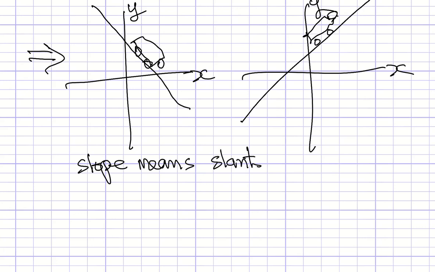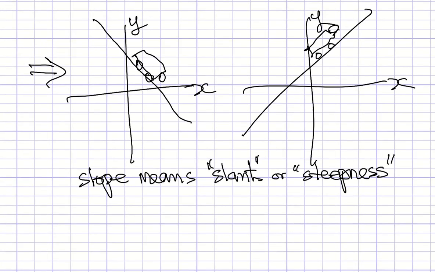It means a slant up or slant down, or you can say steepness. It's the steepness of the line. It's a slant. The one on the left is slant. The road slants.